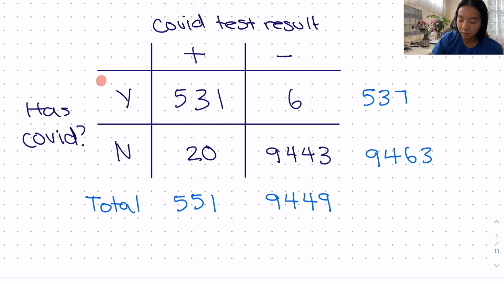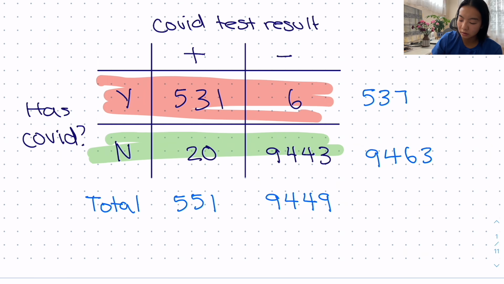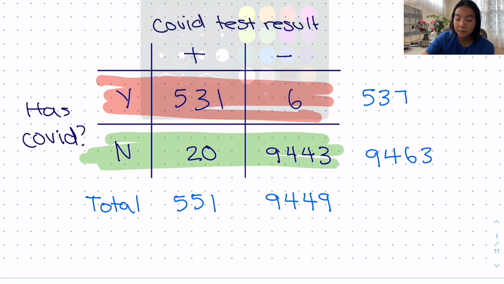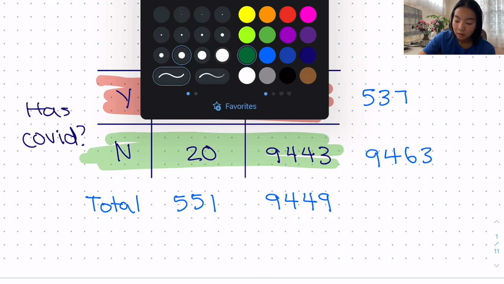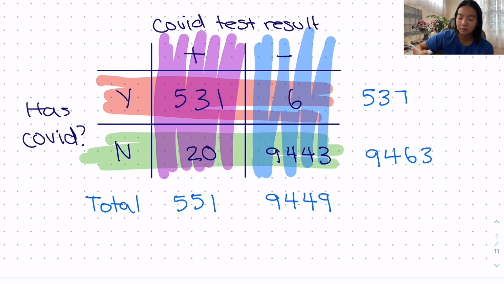People who have COVID are over here in this red row, and people who do not have COVID are down here in this green row. Now, what about the COVID test? Well, people who have tested positive are over here in this column, and people who have tested negative are over here in this column, okay?